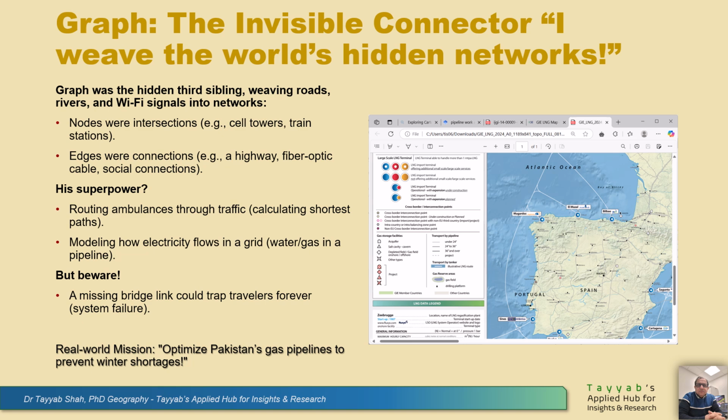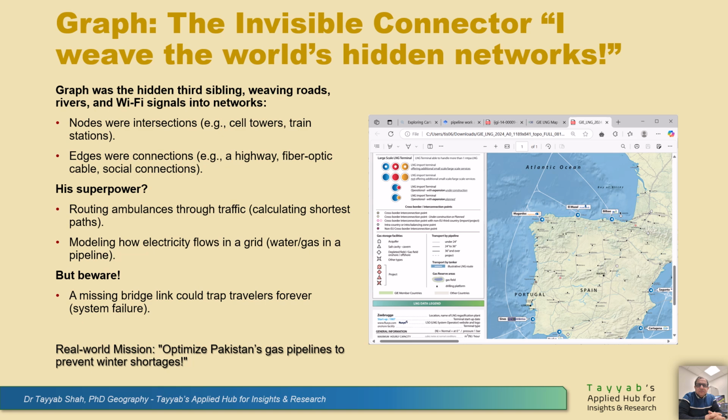His superpower: routing ambulances through traffic, calculating shortest and best routes, modeling how electricity flows in a grid, or in the case of water and gas, through pipelines. But be aware, a missing bridge link could trap travelers forever, so it causes system failure.